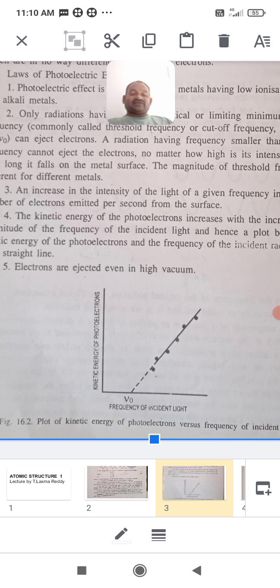You see the slide clearly. The graph is given. What is the graph in between? Frequency of incident light.